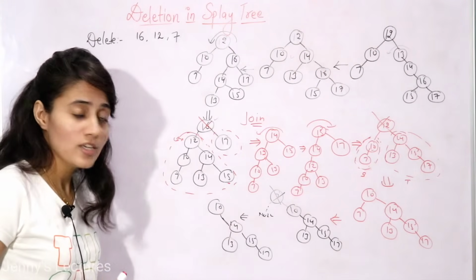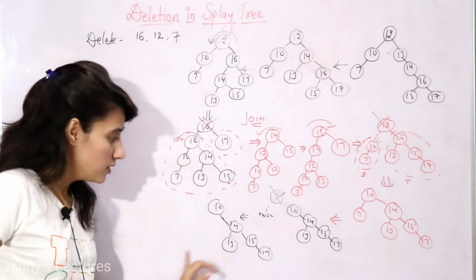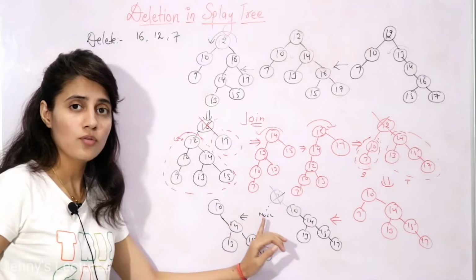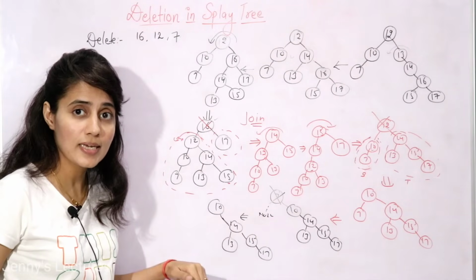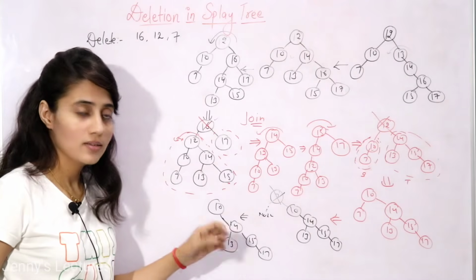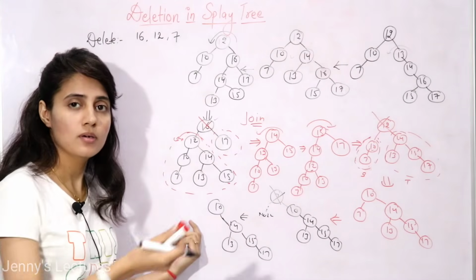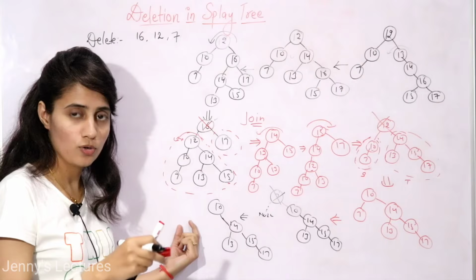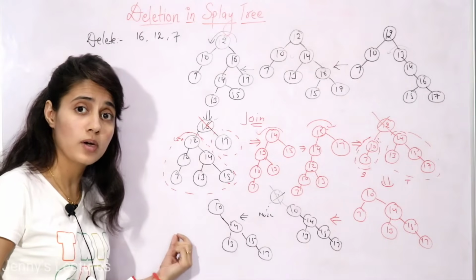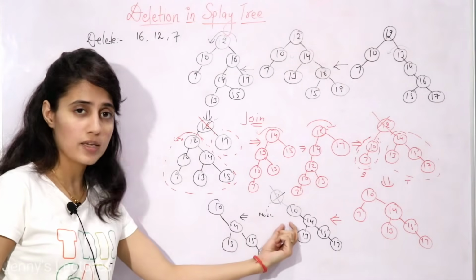Now suppose the situation is we have left subtree but we don't have right subtree. In that case, it is not like that simply the root of the left subtree would become the root of the tree, as in this situation.